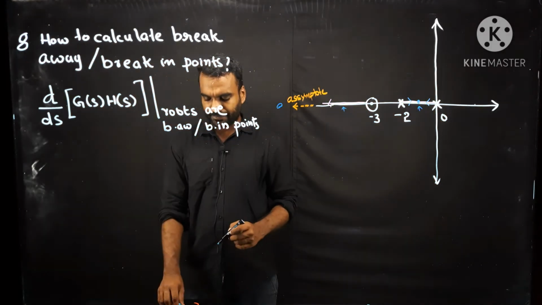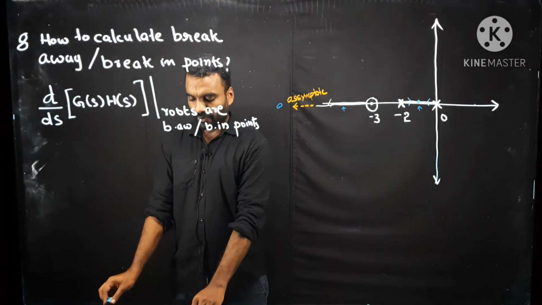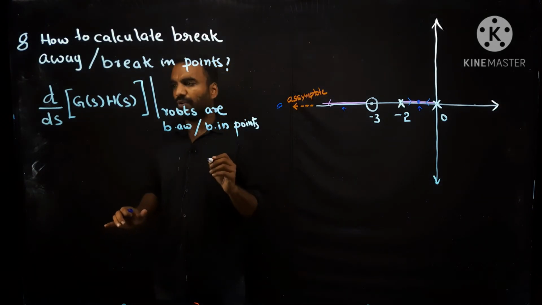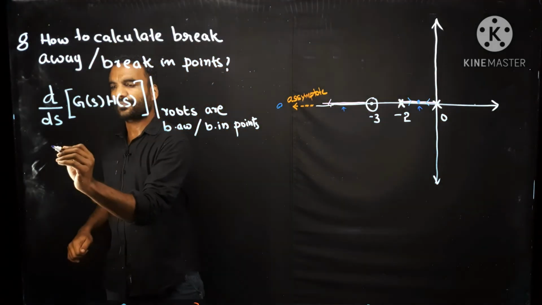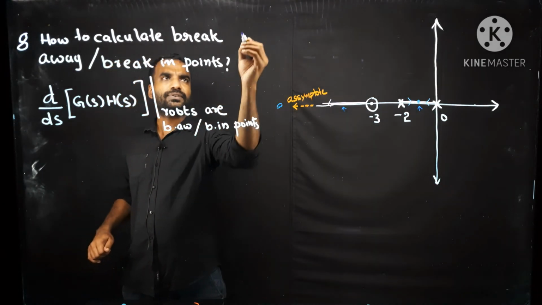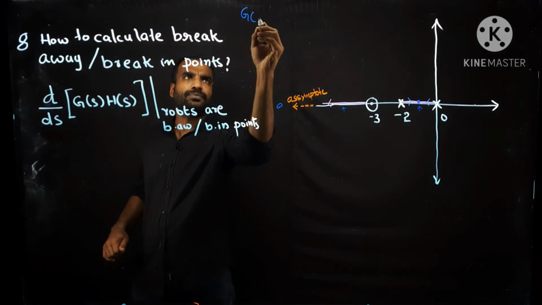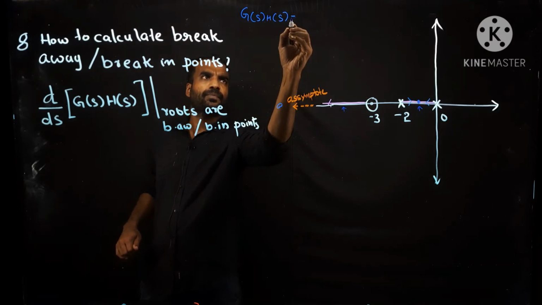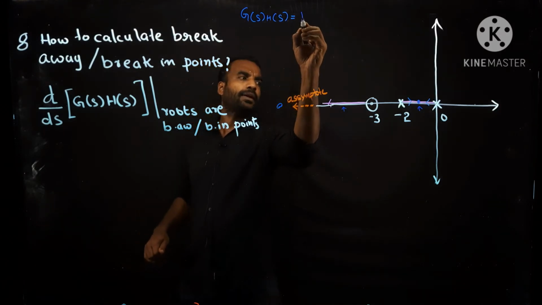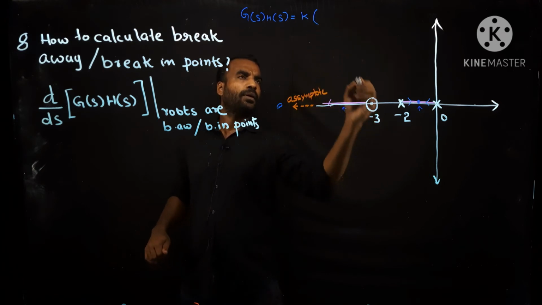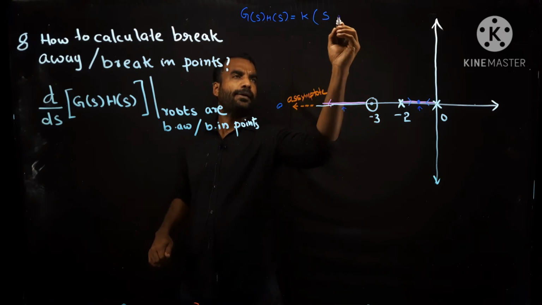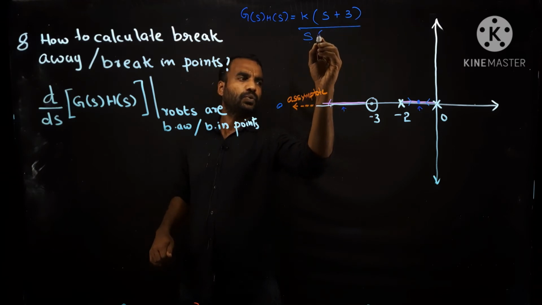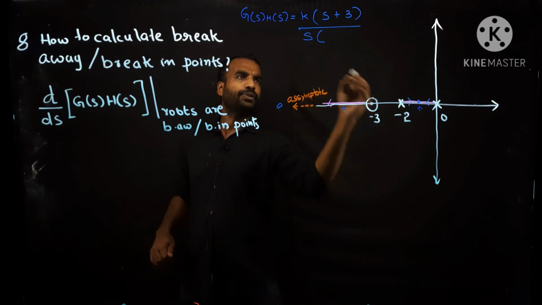So for that, I am going to calculate it. This is the basic step. G of s H of s was given earlier in the problem: K into (s plus 3) by s into (s plus 2).